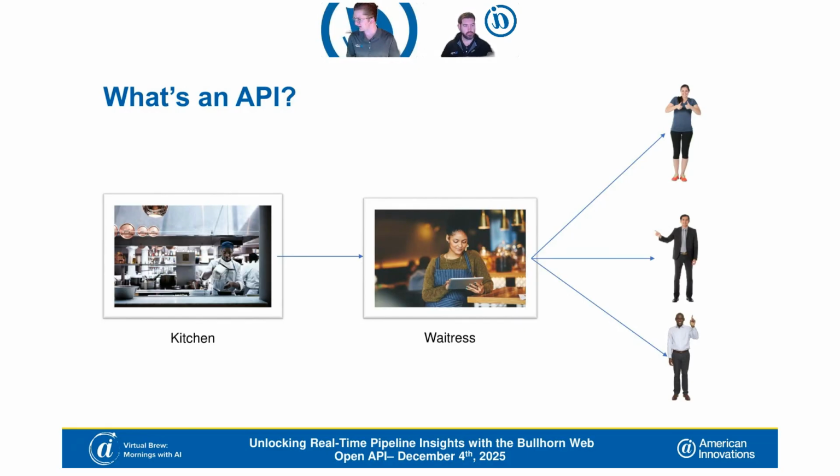Then to get that food and data from your kitchen to the people that are going to be eating the food or using the data, you've got a waiter or waitress. Think of the API as your waiter or waitress. The API is transferring your order of what do I want to see. In this case, what type of data do I want to show in a dashboard?